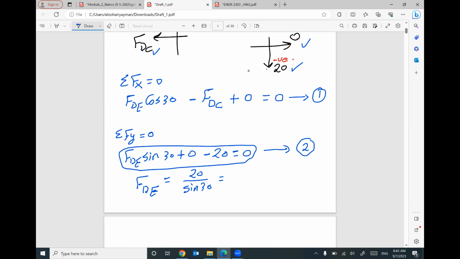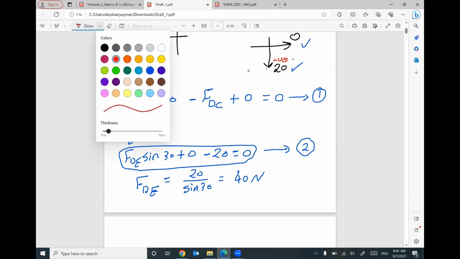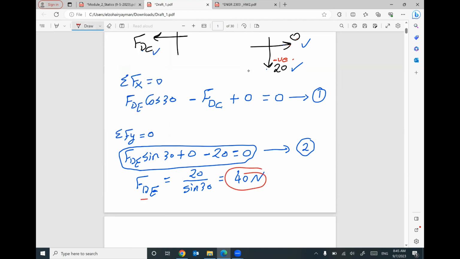So I can find the value of this force equal to 40 Newton. If you use this 40 for FDE and put it here, I can find the value of FDC. FDC will be 34.6 Newton.